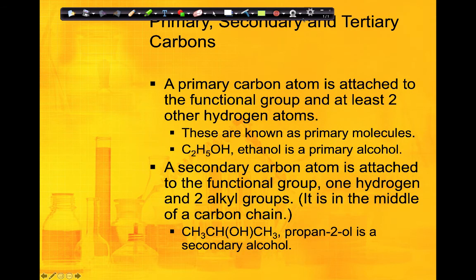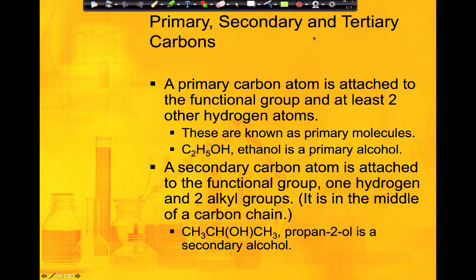All right, so we also have some terminology that we need to make sure that we understand. Primary, secondary, and tertiary. So we could talk about primary, secondary, and tertiary carbons. We can also talk about primary, secondary, and tertiary functional groups. Okay, so a primary carbon is going to be attached to a functional group and then also at least two other hydrogen atoms. It could be attached to 3.